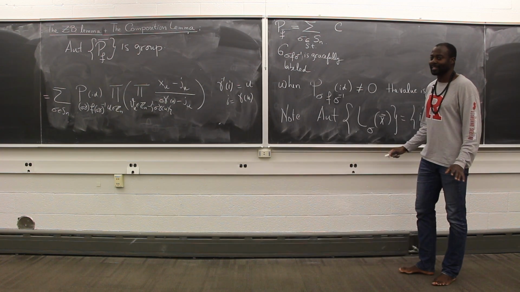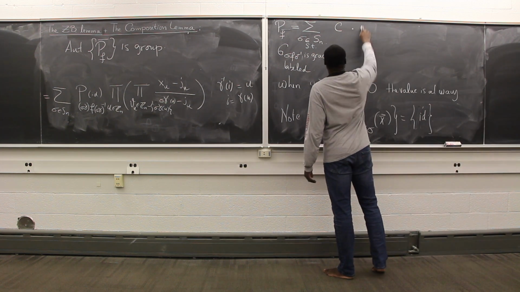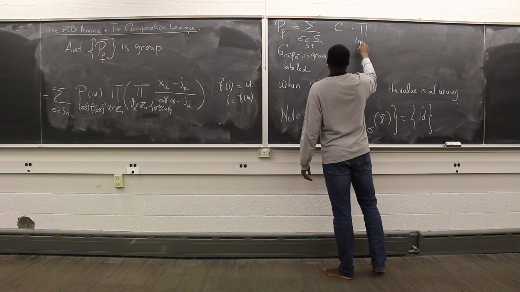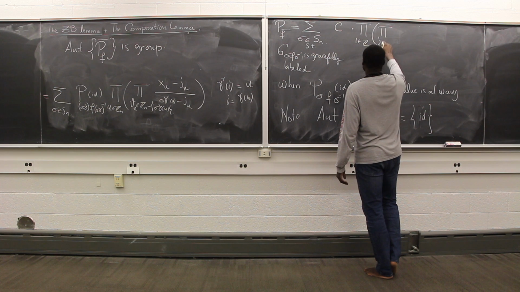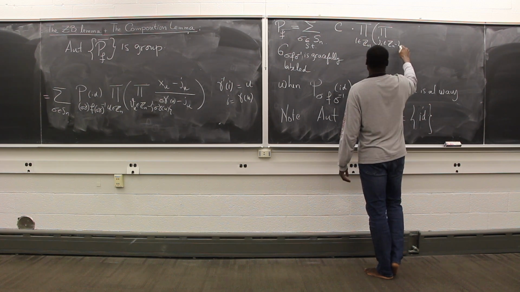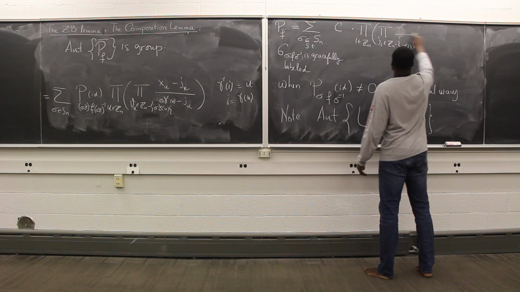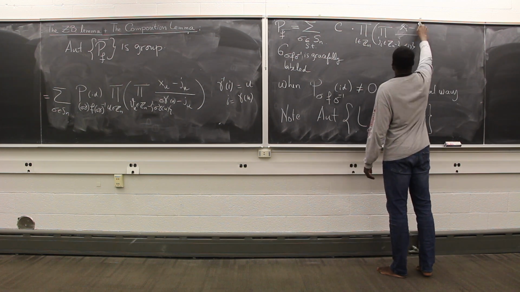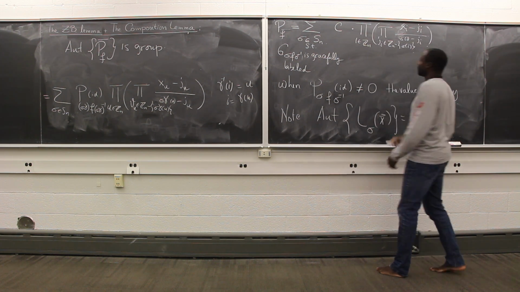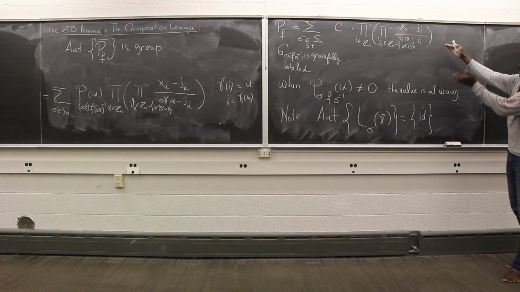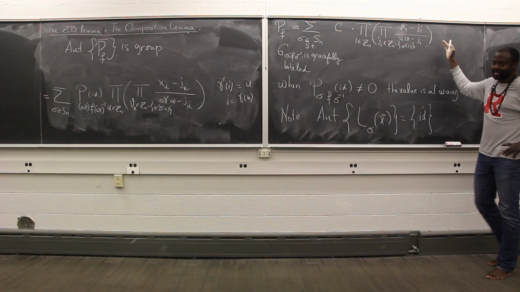Every time that the polynomial does not vanish, the constant is always the same, it's c, times this product over i in Zn, of the products of xi minus xj, and this is sigma i minus sigma j. This is the actual canonical representative. This is what it looks like, the same constant multiplying these.